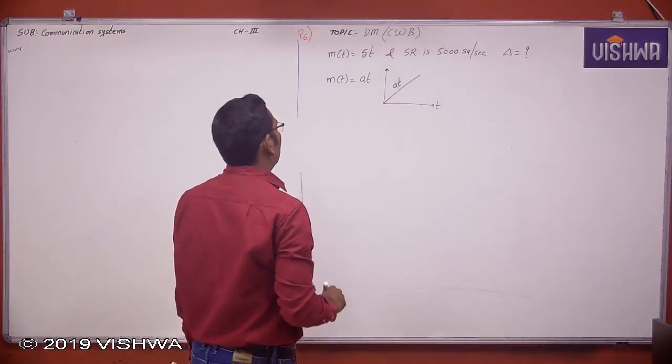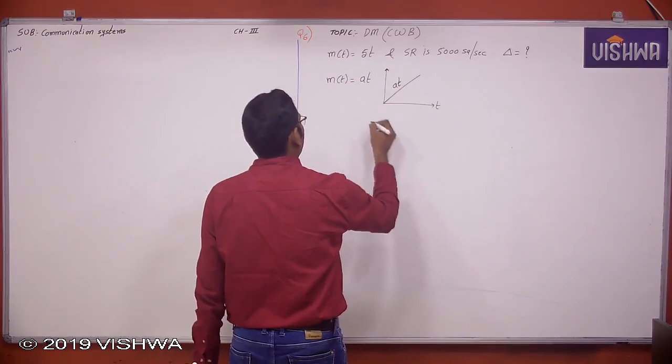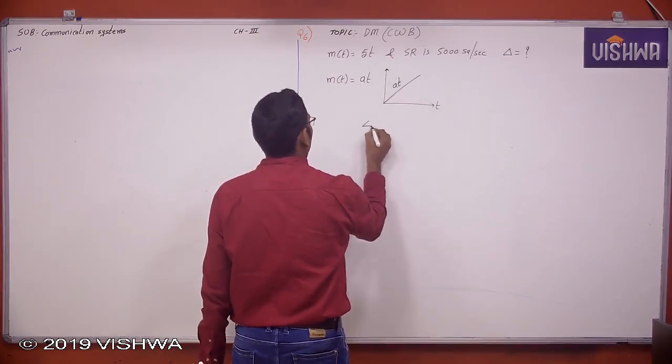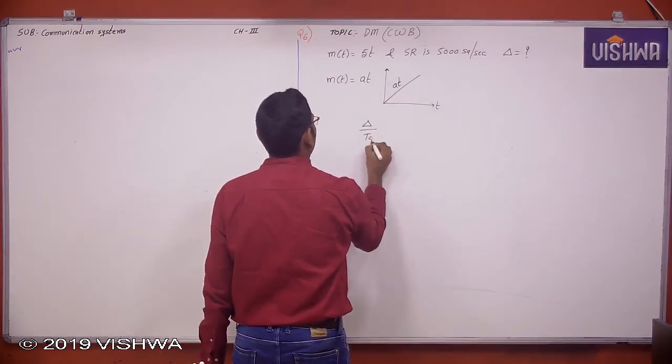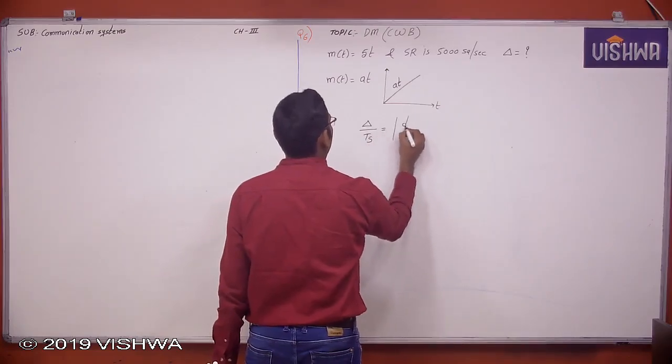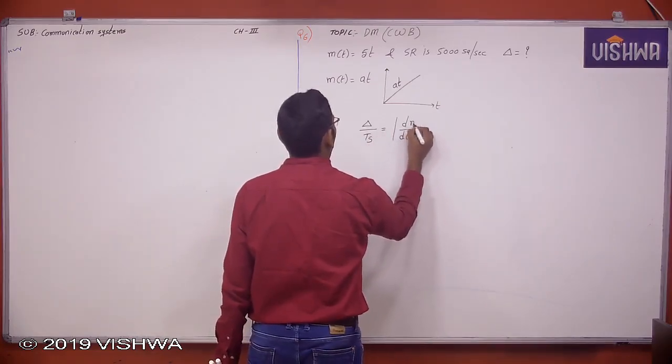Now, if it is a ramp signal, then the slope of the reconstructed signal will be the same as the slope of the message signal.